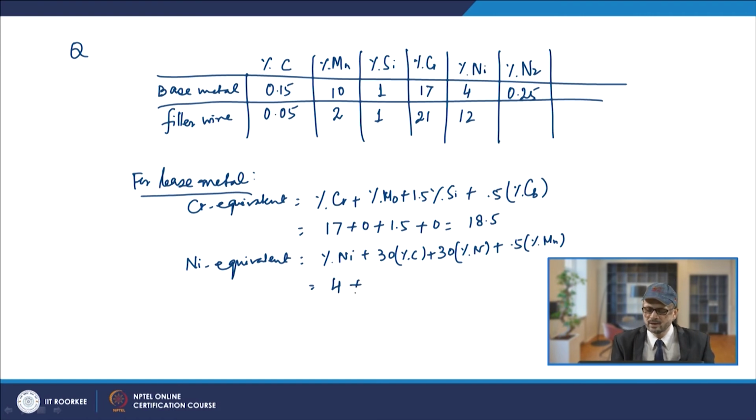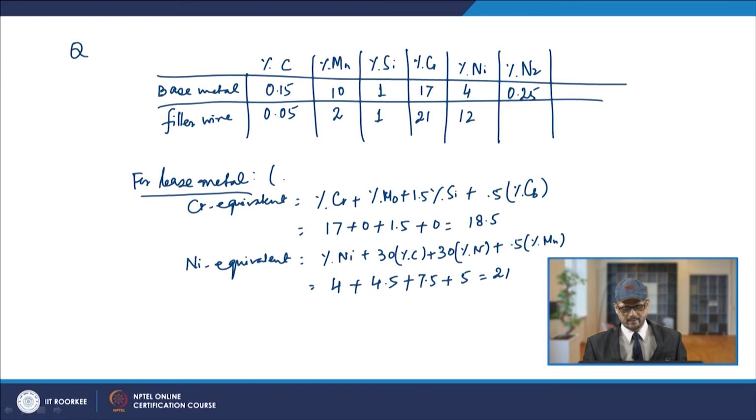So, 4, and carbon is 0.15, so 30 times 0.15 will be 4.5. Then plus 30 times percent nitrogen, nitrogen is 0.25, so it will be 7.5, and then you have 0.5 times percentage manganese, manganese is 10%, so it will be 5. So, it comes to 21. So, for the base metal you are getting the point on the Delong diagram: 18.5 and 21.